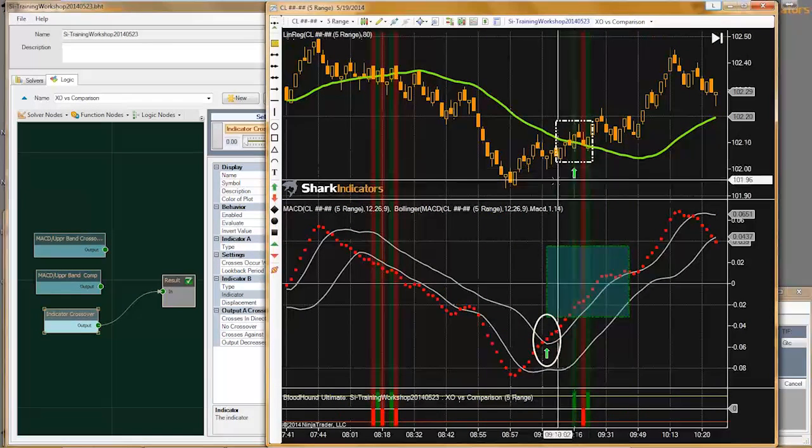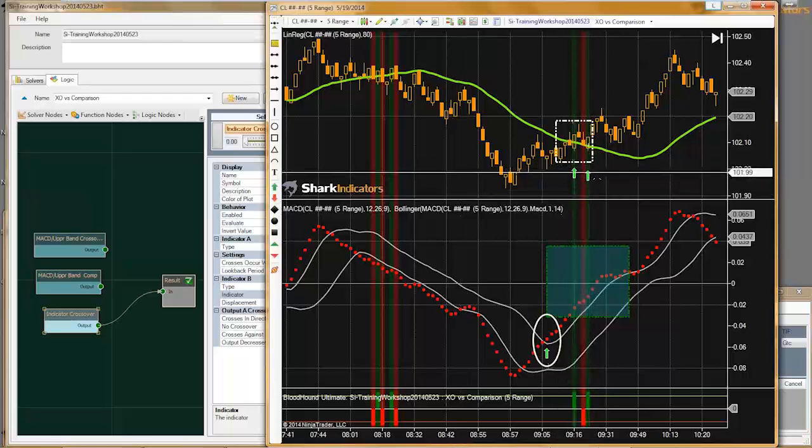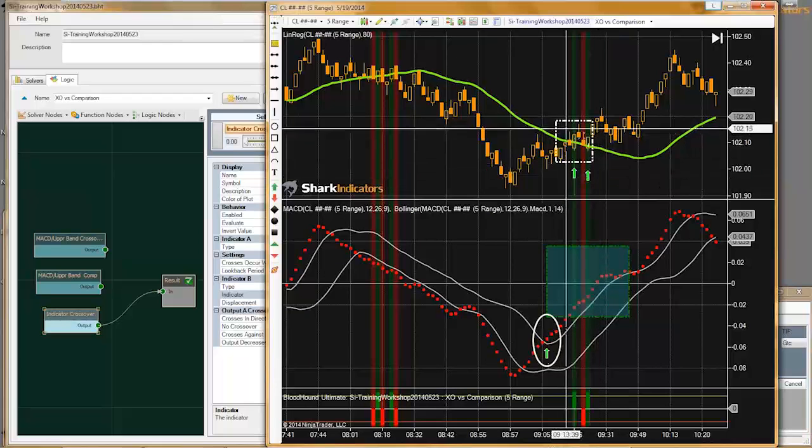Alright, so we can see we got a signal there, a long signal there, and another long signal there as price kind of bounced around a little bit.